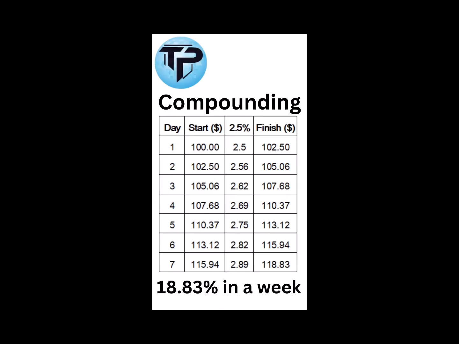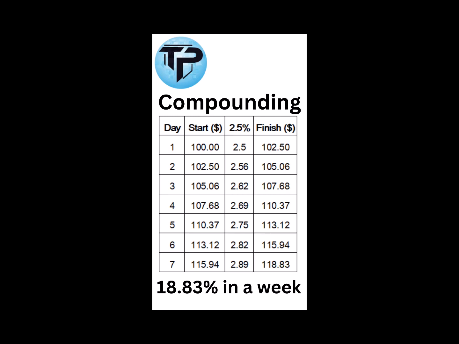Now, let's say on day 1, for example, you start with the minimum amount, $100. On day 1, you make 2.5% of that, so you've just made $2.50 in USDT. When the day finishes, you'll be on $102.50.